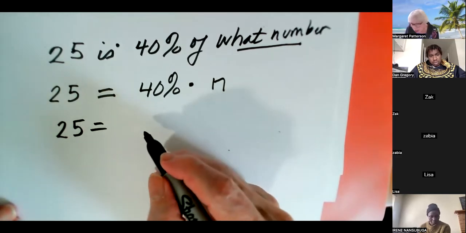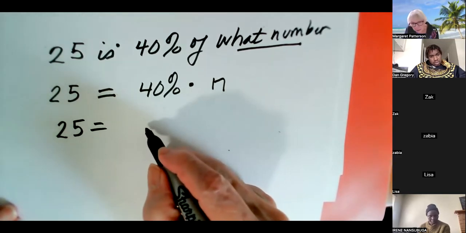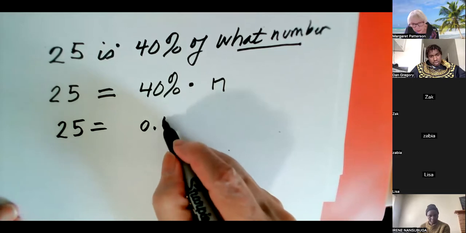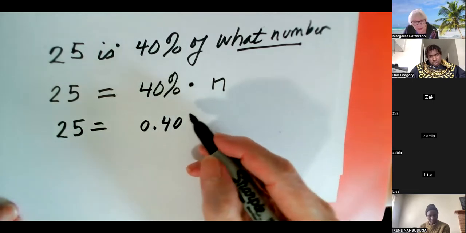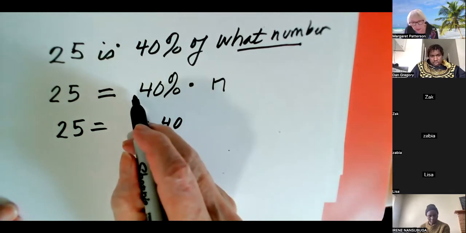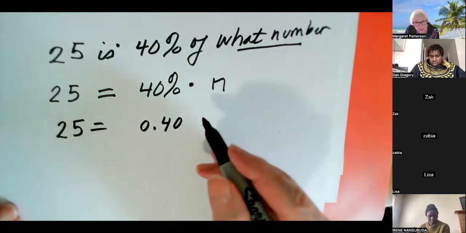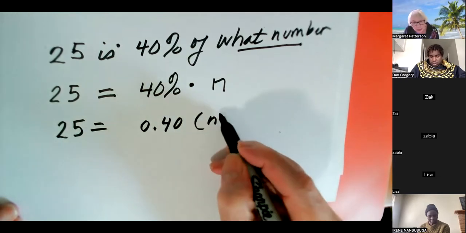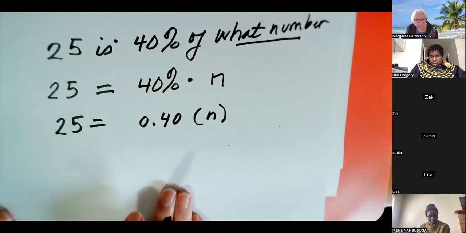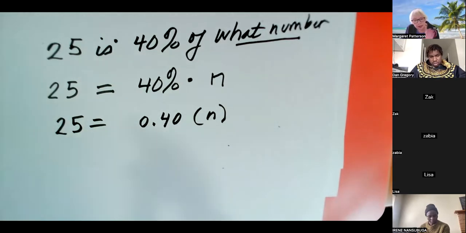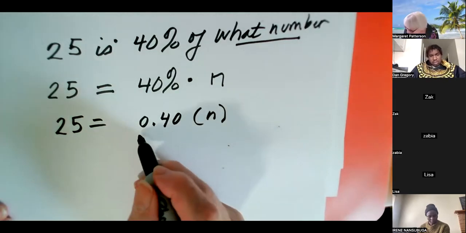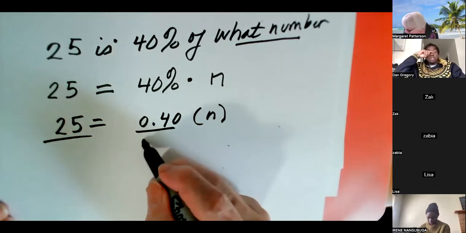Can you tell me what that decimal would be? 0.4. I'm gonna put 0.40 just so that you can see the two decimal places, but that was correct what you said. Multiplied by n. What do I divide both sides by? By 0.4.